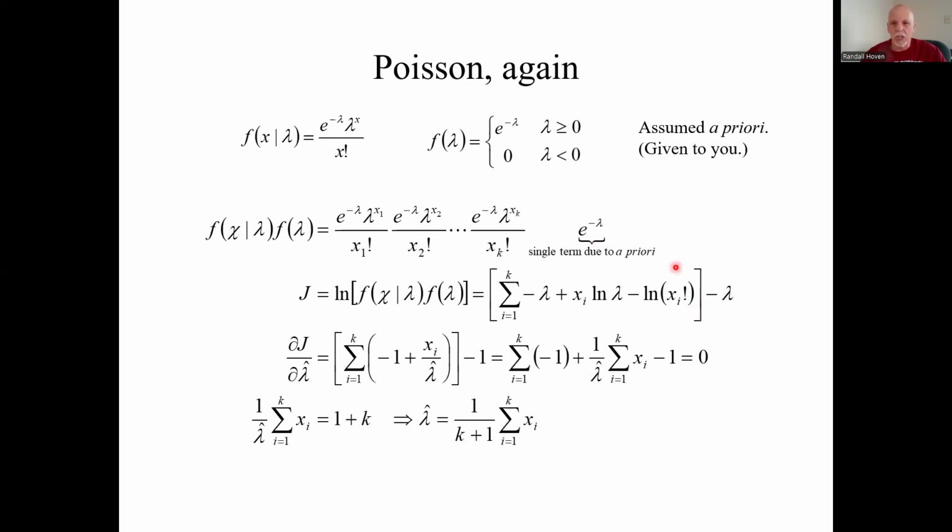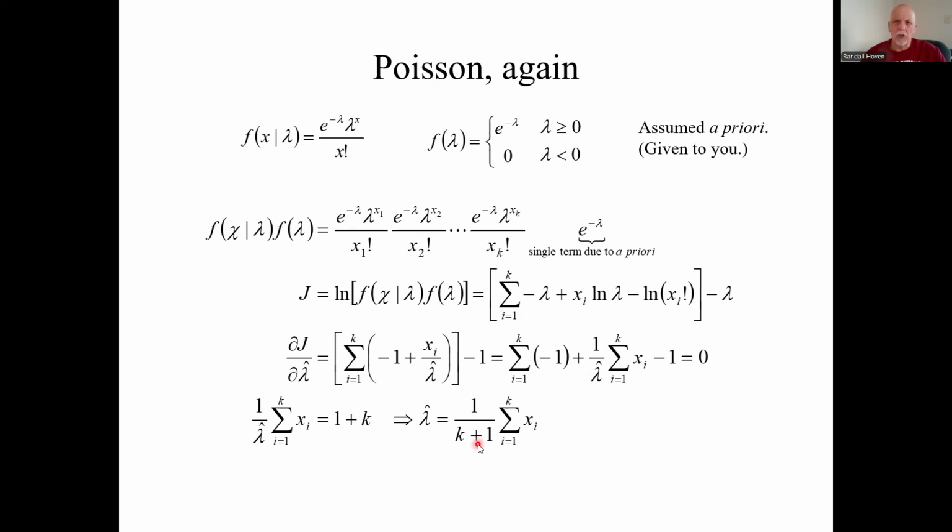So this part's the same as MLE. This part is the extra part due to the a priori. And from there, we take the derivative of the whole thing, which will be the derivative like we did with MLE, minus 1. Now we're back to set it to 0 and do some algebra. Here the result, you get a 1 over k plus 1.